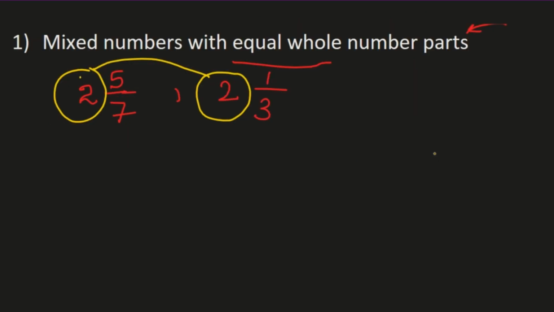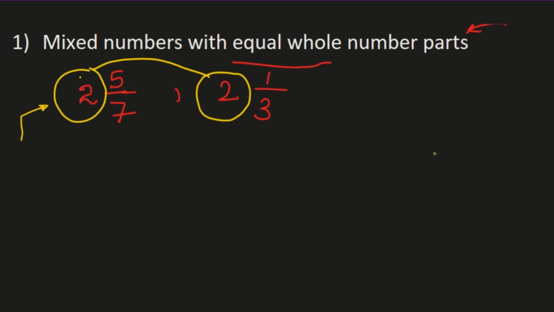Okay, the first section is about comparison of mixed numbers with equal whole number parts. In the previous section, we gave two examples. Here, it's 2 and 5 upon 7. The other example is 2 and 1 upon 3.